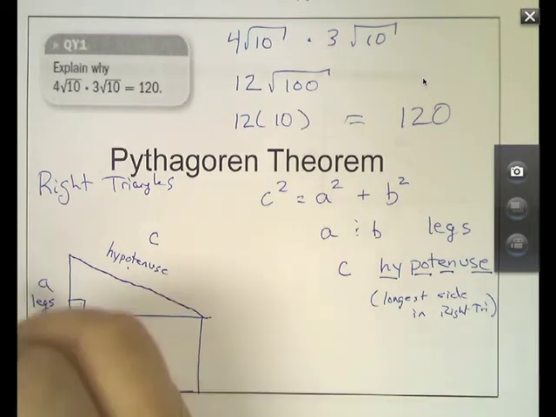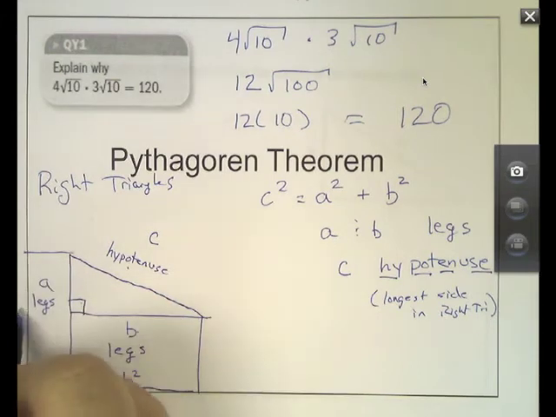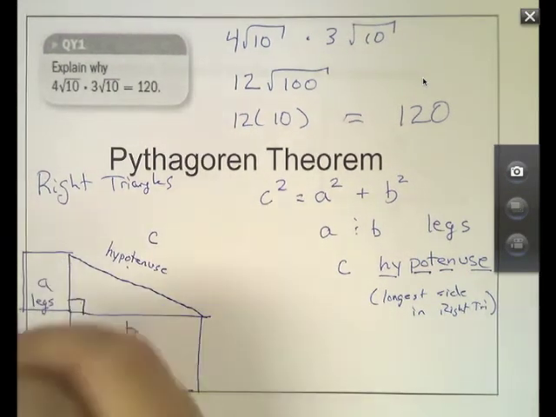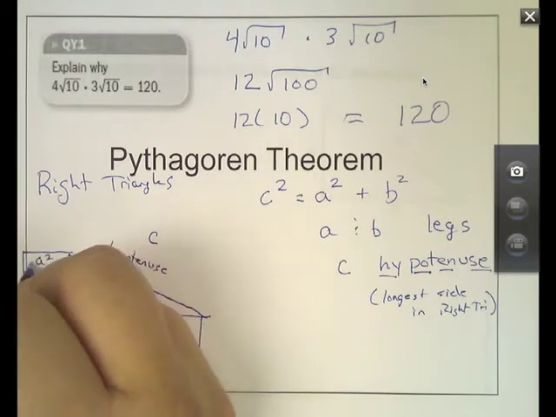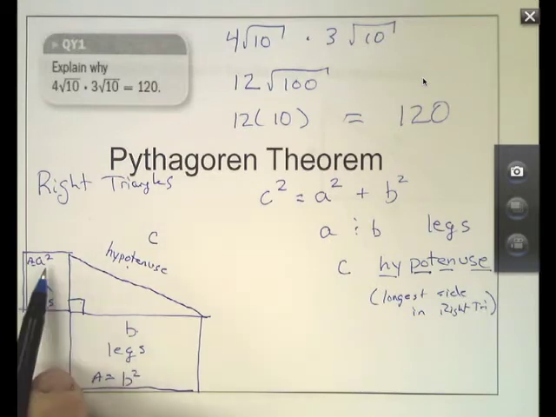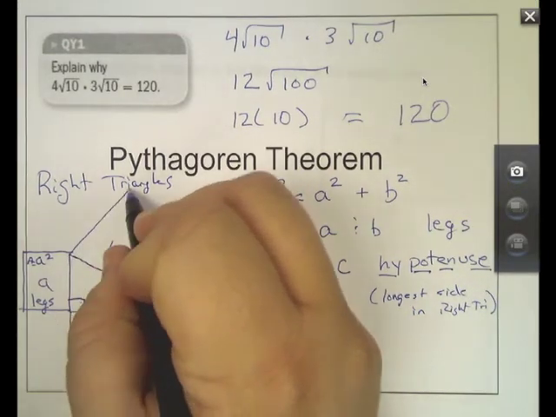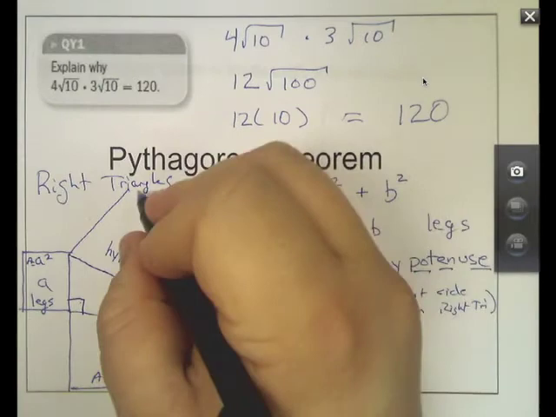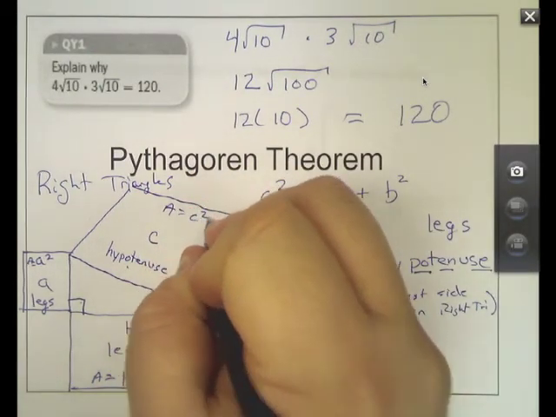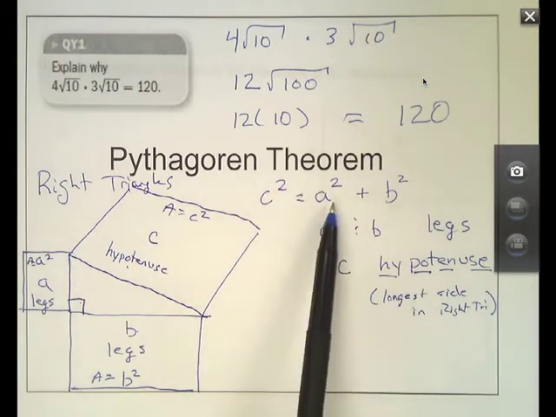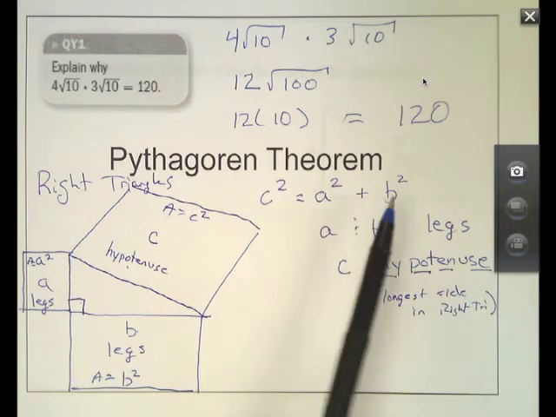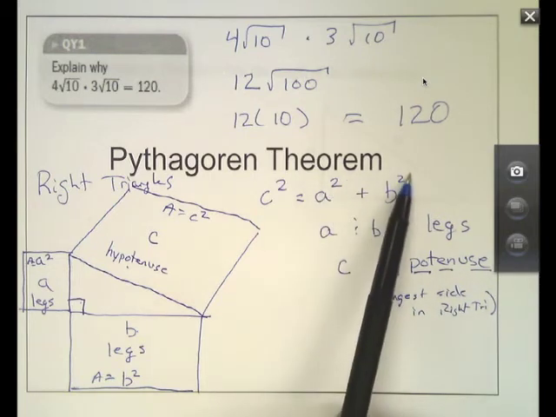But what does this Pythagorean theorem say? Well, if I find the area of this side, which is now b squared, and I find the area of this side, which is now a squared, if I add those two things together, it's going to give me the area of this side, which is now c squared.